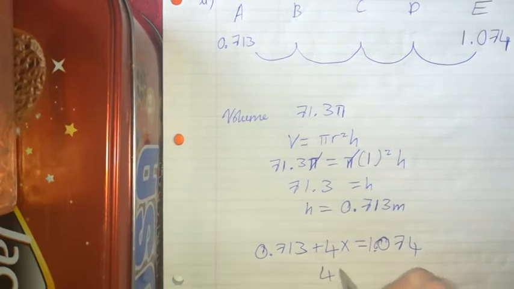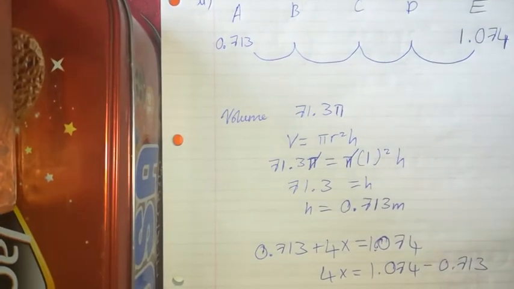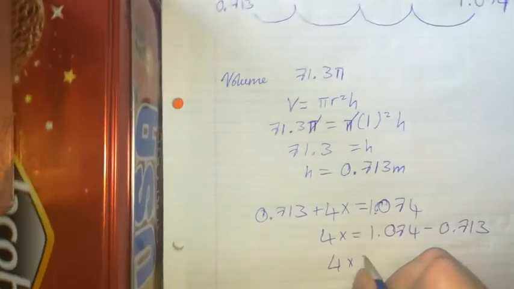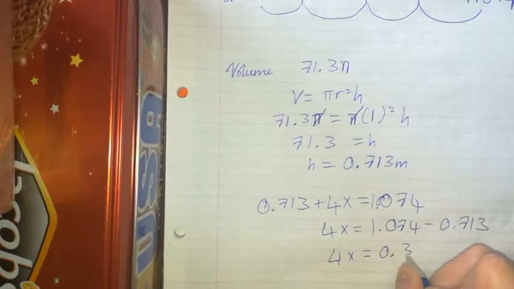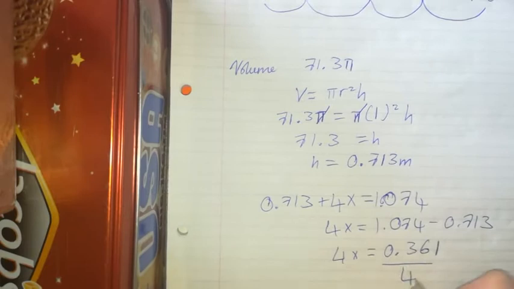So 4x is going to be 1.074 take 0.713. Then I get 4x is equal to 0.361, and then I have to divide both sides by 4.